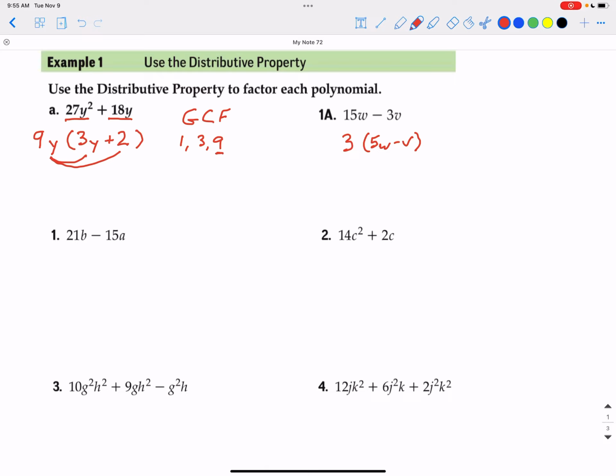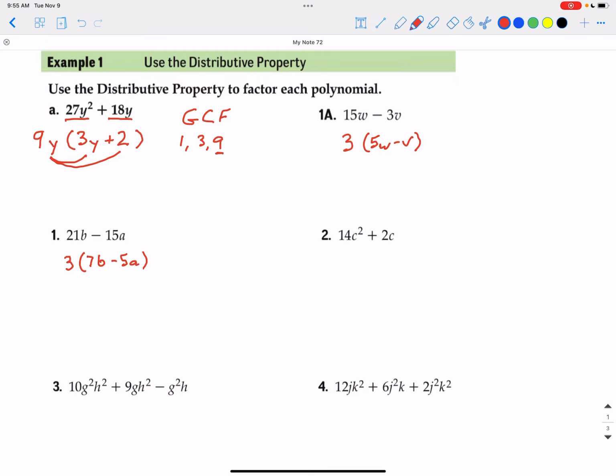Question 1 below that: what goes into 21b and negative 15a? A 3 goes into both of those. Again, we can't factor out any of the variables because they don't have the same variable. So 21b divided by 3 is 7b, and negative 15a divided by 3 is negative 5a, and that is correctly factored. Question 2: what goes into 14c squared and 2c?